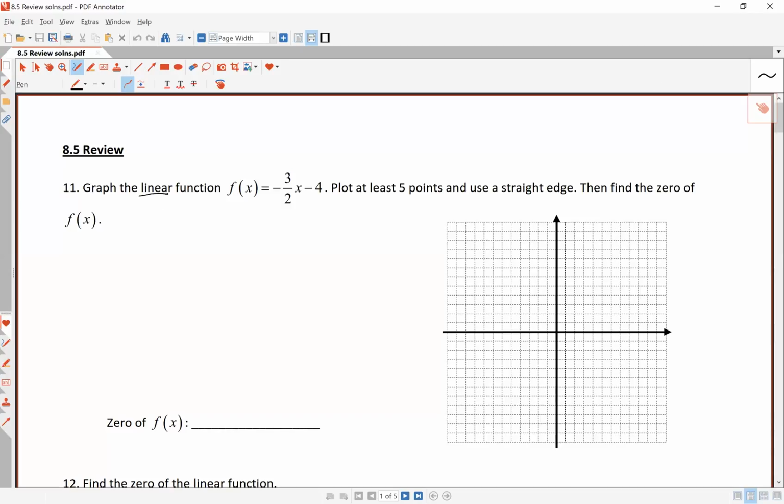So the linear function means that we have a slope, which is negative 3/2, and a y-intercept of 0, negative 4. We start at 0, negative 4, and then we rise negative 3 and run 2, or rise 3 and run negative 2.